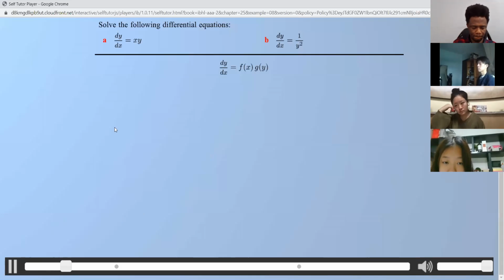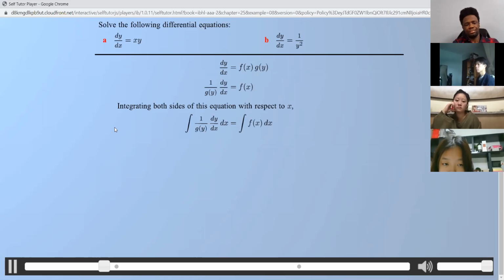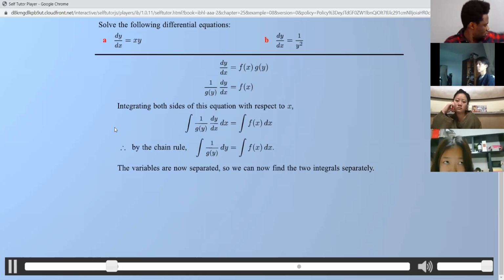A differential equation is separable if the derivative can be written as a product of a function of x and a function of y. We call them separable because we can separate the variables so that one side involves y only and the other side involves x only. We can then integrate each side with respect to x to find a general solution.